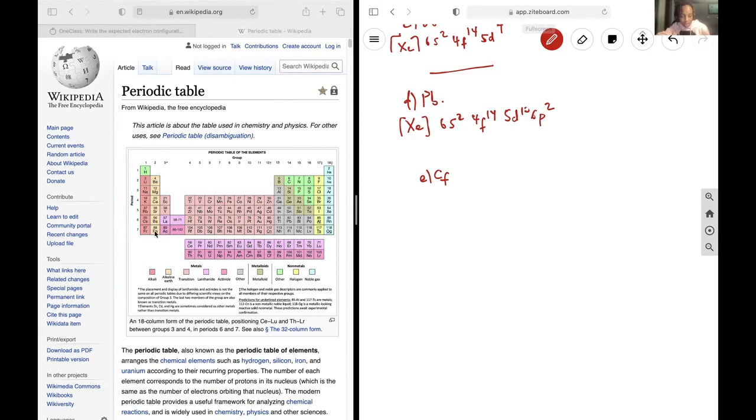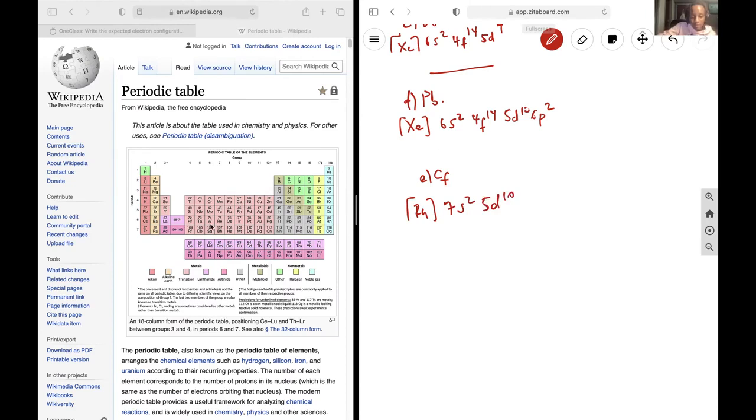So we will have 7s, and then drop the number down by 2, so 5f, then you just count them. 2, 4, 6, 8, 9. So 1, 2, 3, 4, 5, 6, 7, 8, 9, 10. So 5f10. Again, find the closest noble gas, that's going to be Rn. And then you're going to have 7s2, 5f10.